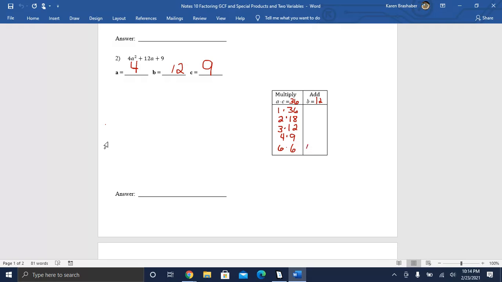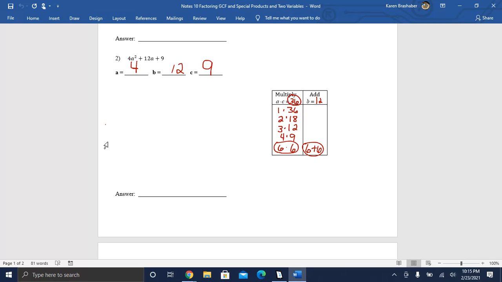But only one pair will add to give us 12, and that is the 6s. Now, I might tell you that if you get a very large number for your multiply, you might try doing a square root, because often it is doubles that will be used when you get those really large multiplies.